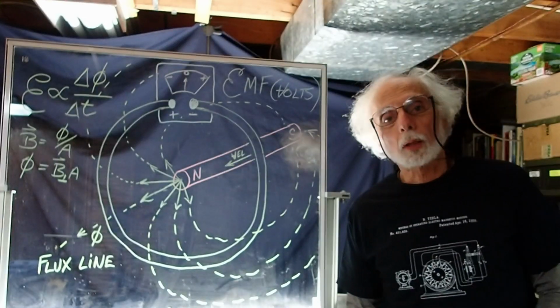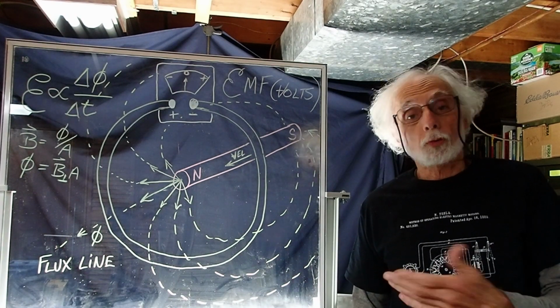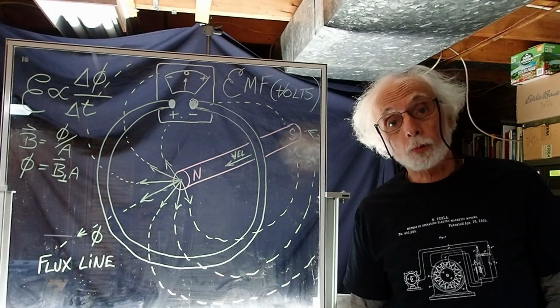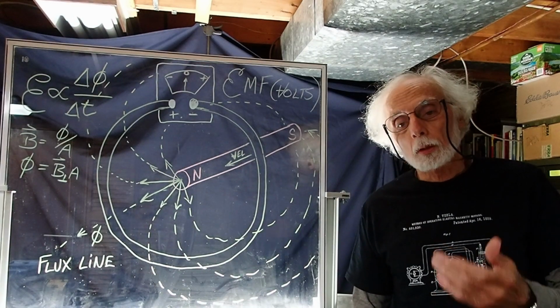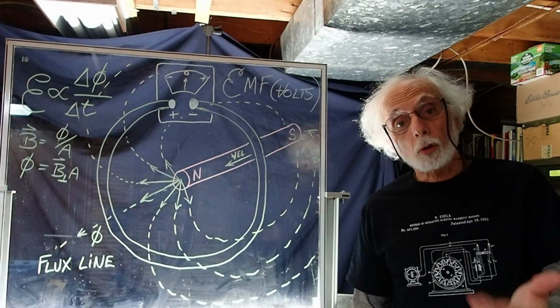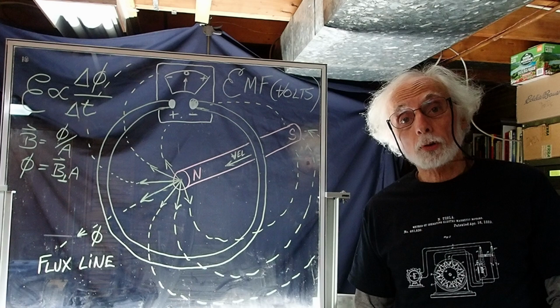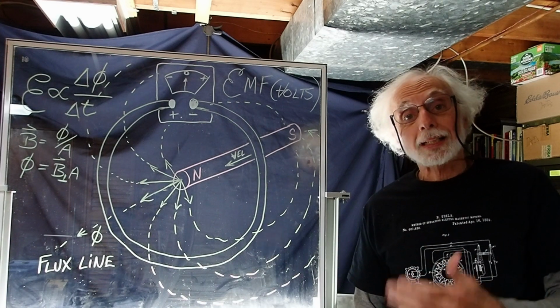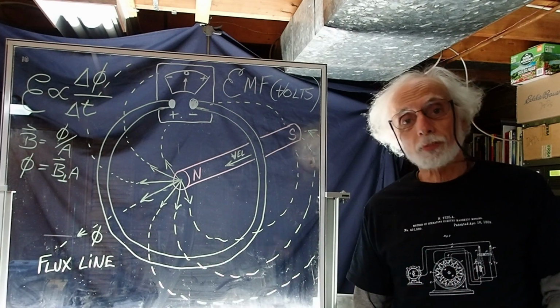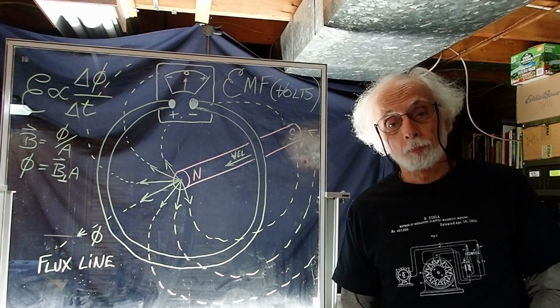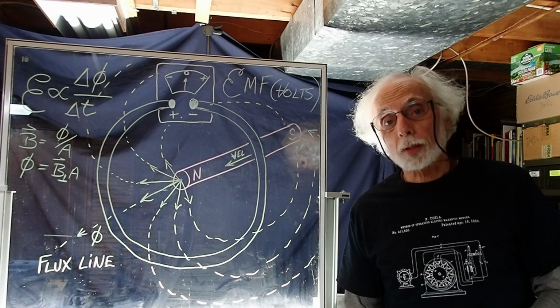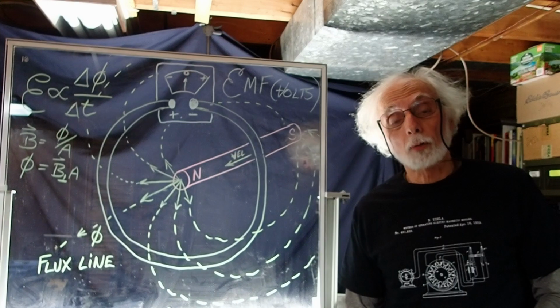So let's sum up what we know. Mary told us that when an electric current flows in a wire, it creates a magnetic field. We took that and said, all right, what about the reverse? And we discovered that a magnetic field can produce electricity if the magnetic field changes. Up till now, we haven't used the word induction, but let's bring it in here now.